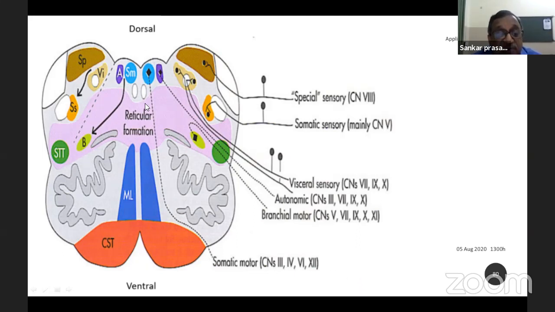So it is difficult for us to say whether it is a lower motor neuron or nuclear lesion, because fascicular lesions are also there. There are some sensory nerves which can help, the special sensory eighth nerve and the fifth nerve can sometimes help. Otherwise, the motor parts are very difficult because the motor cranial nerve fascicles pass through the brain parenchyma.